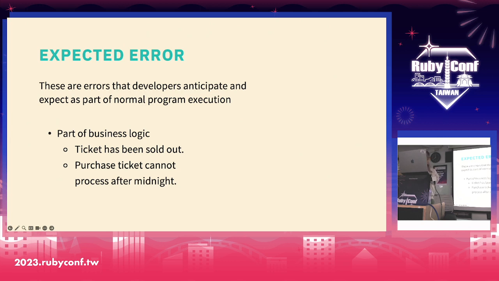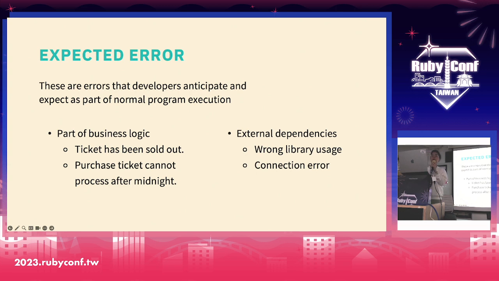Errors also stem from external dependencies as well, like something as simple as wrong library usage, or as complex as dealing with networking, unavailability, or server downtime. Understanding and planning for these expected errors is a crucial part of software engineering.